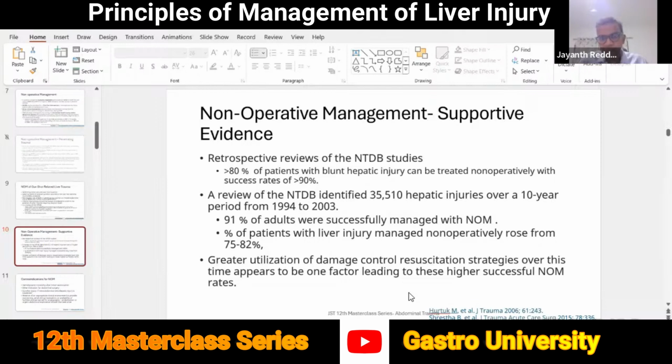And this percentage gradually rose as the time periods progressed. And greater utilization also was because of the use of damage control resuscitation strategies, where these patients could be more successfully managed using the non-operative management protocols.